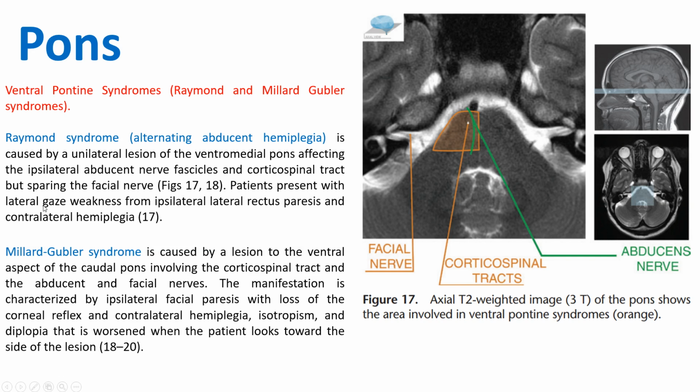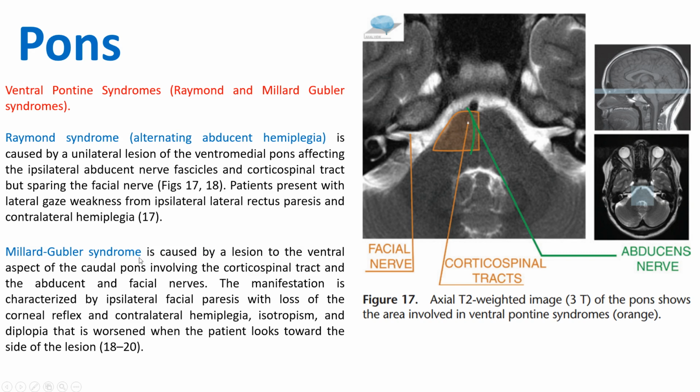The patient presents with lateral gaze weakness, ipsilateral lateral rectus paresis due to affection of the abducent nerve, and contralateral hemiplegia. The cranial nerve is affected on the same side as the lesion, with contralateral hemiplegia, which is called a crossed hemiplegia or hemiparesis according to the extent of affection.